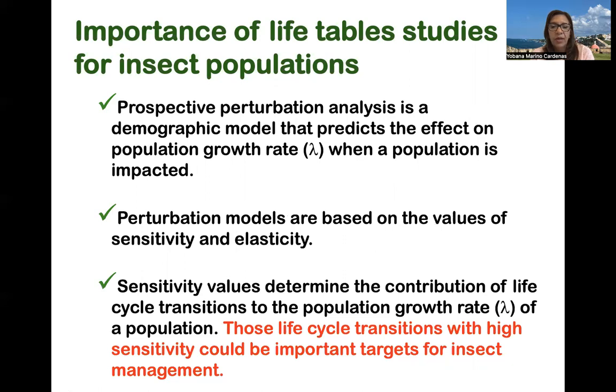For example, one life cycle transition of the coffee berry borer could be the probability to survive as an egg and move into the larva stage. And transitions or life cycle stages with higher values of sensitivity could be important targets for the management of the coffee berry borer.